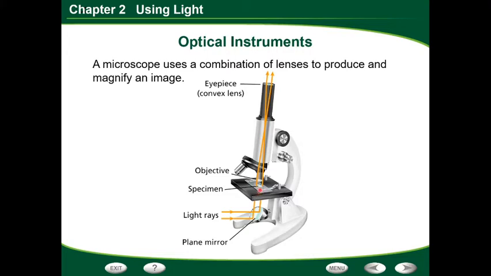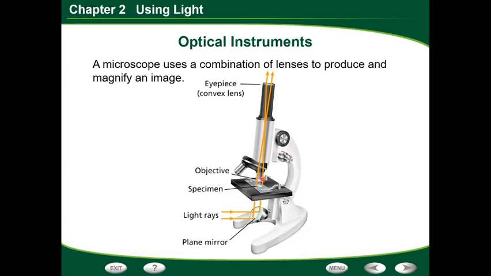This light surrounds the specimen, shoots through it, and then the image and the light is going to go through the objective down here in our microscope. The objective is the part that has the convex lens. This is going to be a magnifying lens that allows us to see the specimen much closer. Just like with our telescope, the convex lens magnified things, made it bigger. So we got our first bit of magnification right down here in our objective lens.